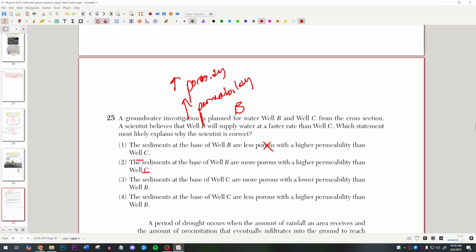The sediments at the base of well B are more porous, with a higher permeability. That is probably right. The sediments at the base of C are more porous, no. And the sediments are less porous with a higher permeability, no. So the answer to this is 2. If you knew porosity and permeability and how it worked, this question was really easy. So I would say this is a 3 out of 10.